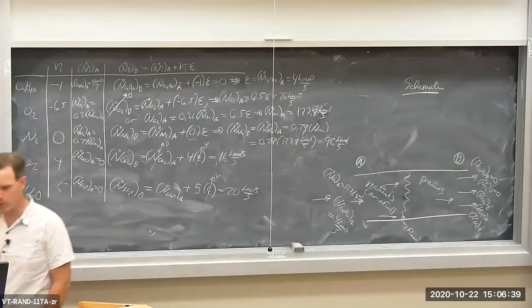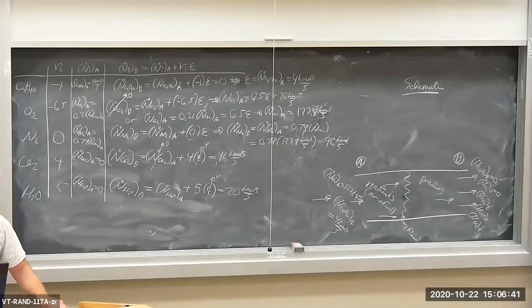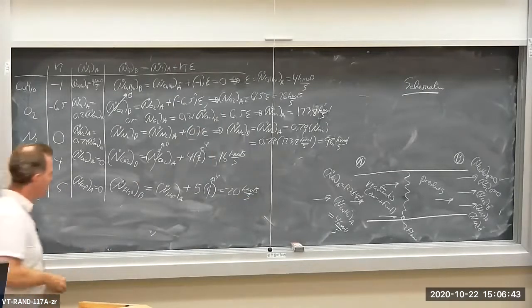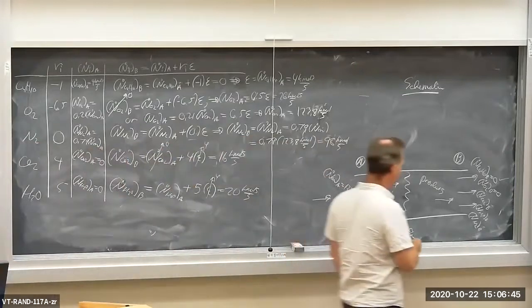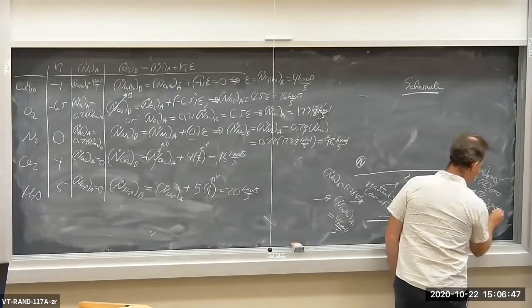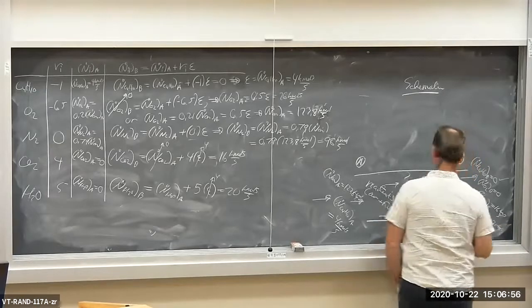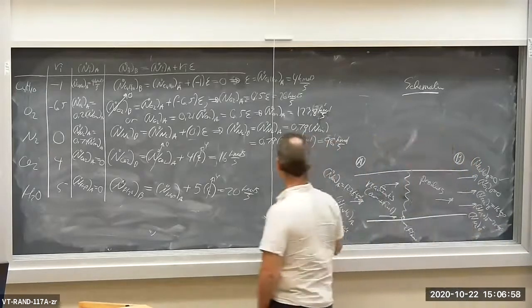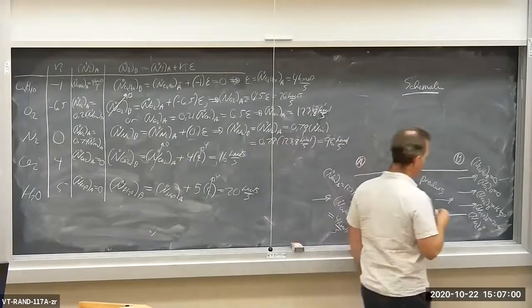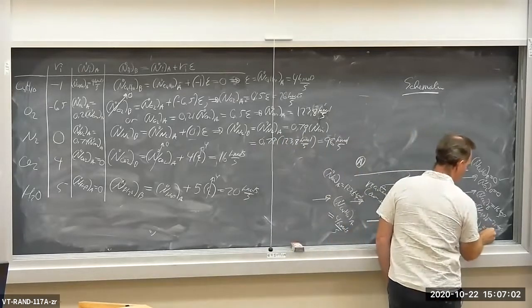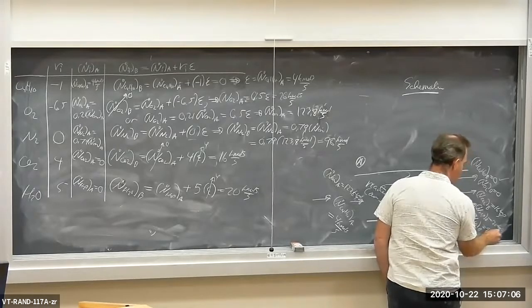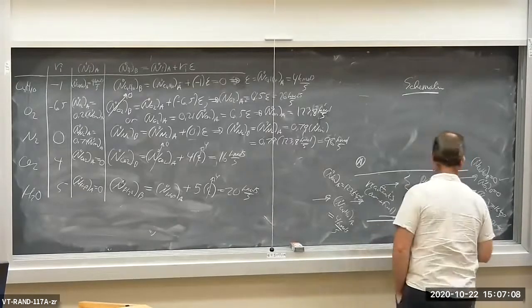So 16 kilomoles per second for CO2, 20 kilomoles per second for H2O. Oh boy, not enough room to write. And for the nitrogen, 98 kilomoles per second. Okay, difficult to write.